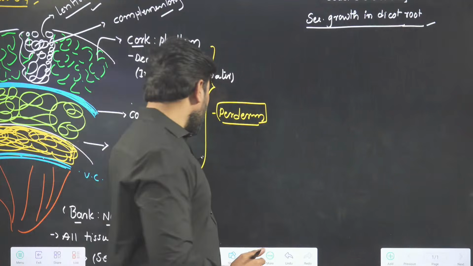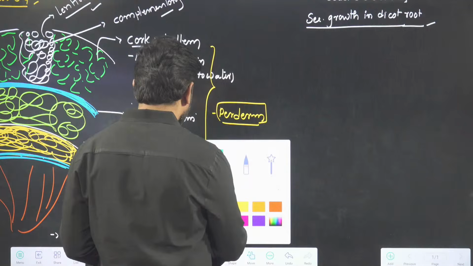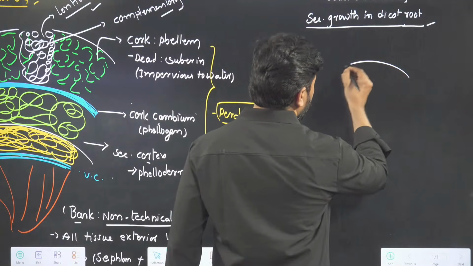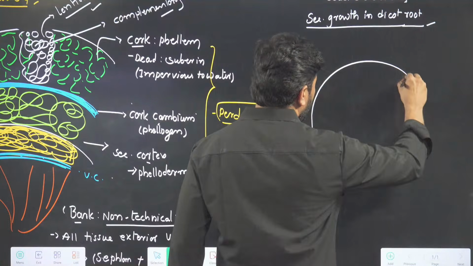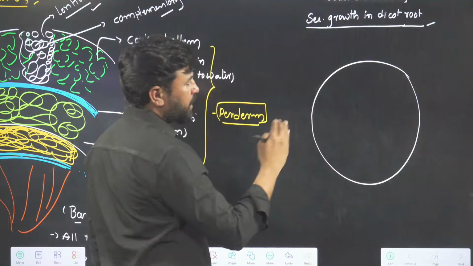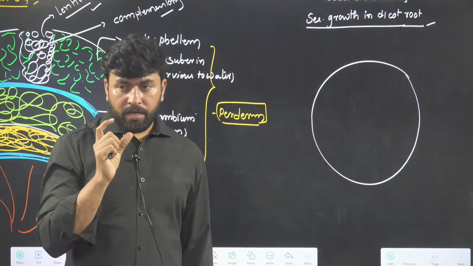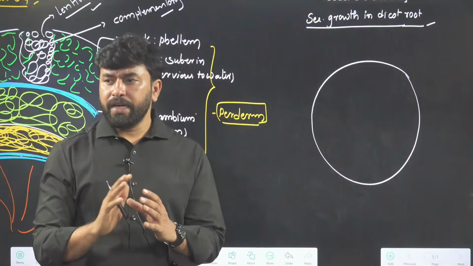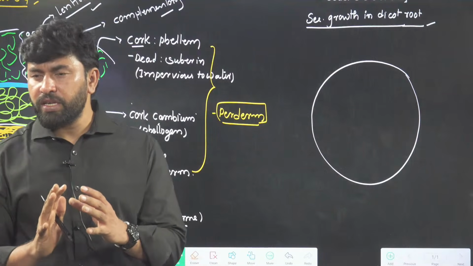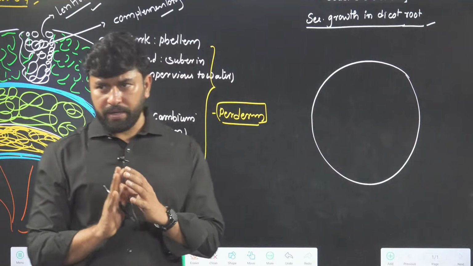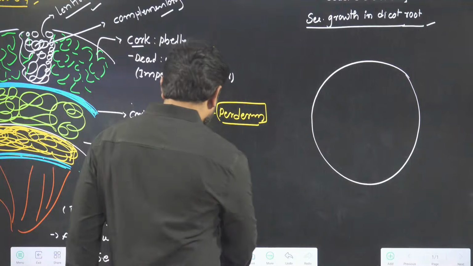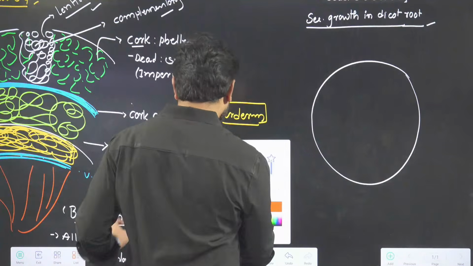Now I am taking a dicotyledonous root. This is a dicotyledonous root. Extrastelar area, intrastelar area we will see, but first I am directly denoting the intrastelar portion. Just in the intrastelar area, what changes will happen, that would be fine for us.